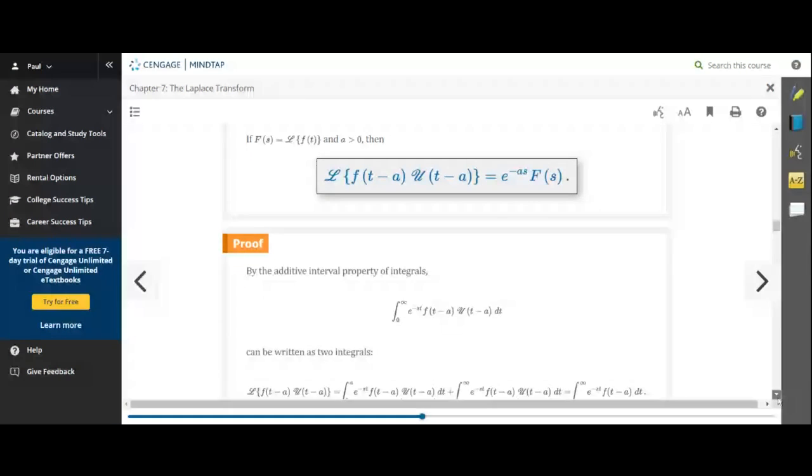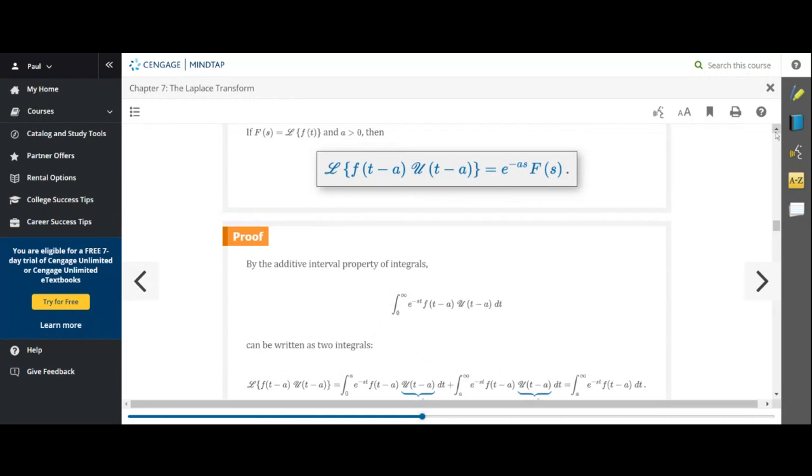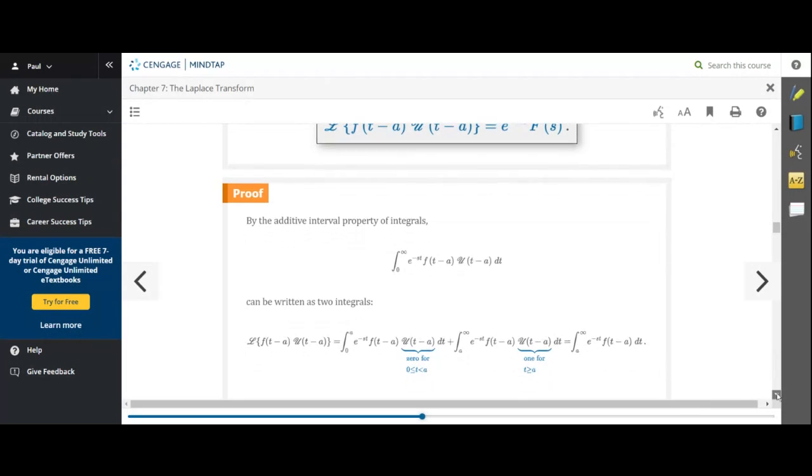What they do is they take the integral and write it as the sum of two integrals. They split the integral up at the value t equals a, because the Heaviside function changes when t equals a. So the Laplace transform, by definition, is this integral from 0 to infinity, but you can write that as the sum of two integrals, one that goes from 0 to a and the other that goes from a to infinity.